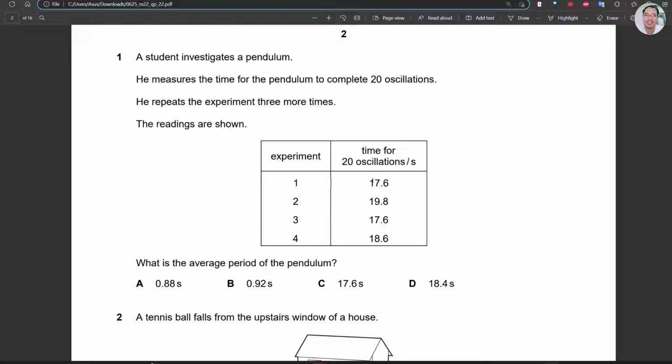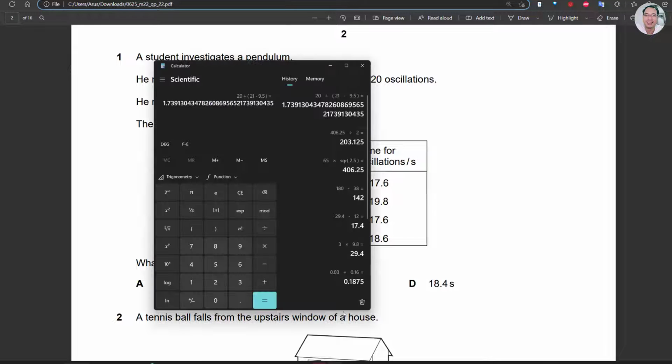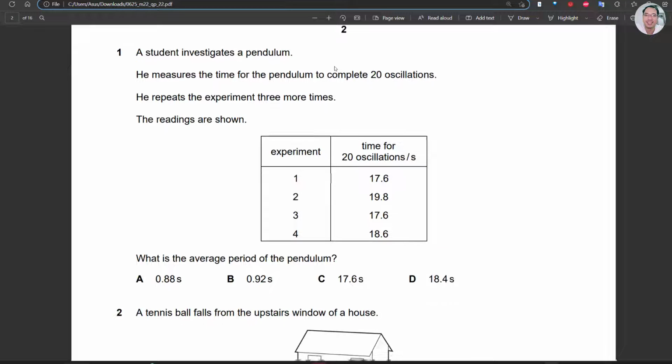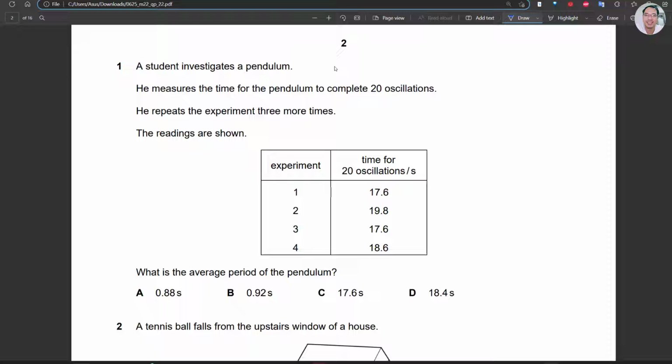The second way is adding all these results, divide by 4, and finally divide by 20. Meaning 17.6 plus 19.8 plus 17.6 plus 18.6, all divided by 4 because we do 4 experiments, and then also divide by 20 because this is the time for 20 oscillations, not one single oscillation.